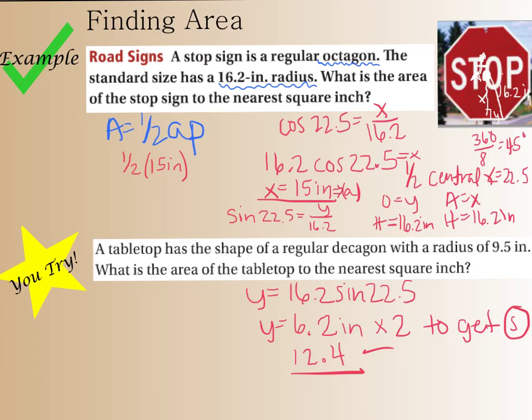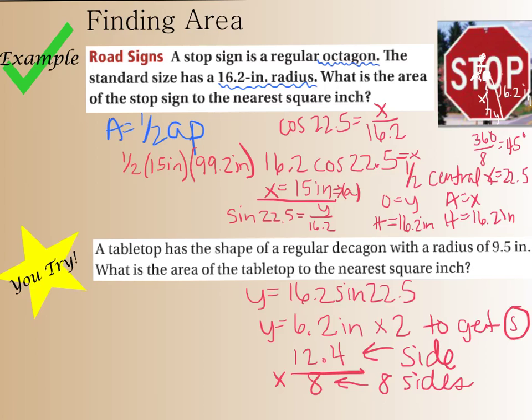This is a side. Now that I have a side, I'm going to multiply that by 8 because I have 8 sides. I get 12.4 times 8 equals 99.2. That is what I can put in for my perimeter, 99.2 inches.